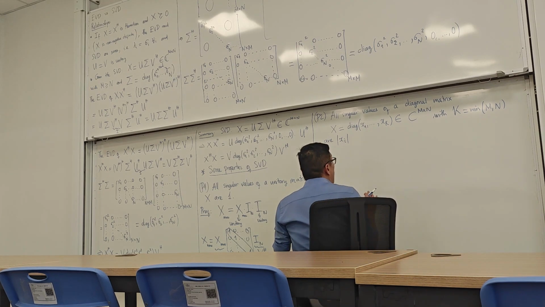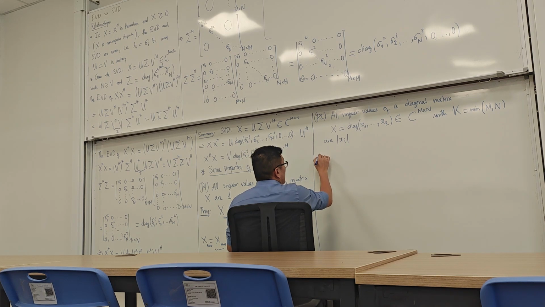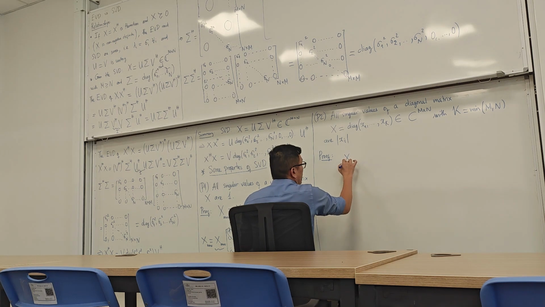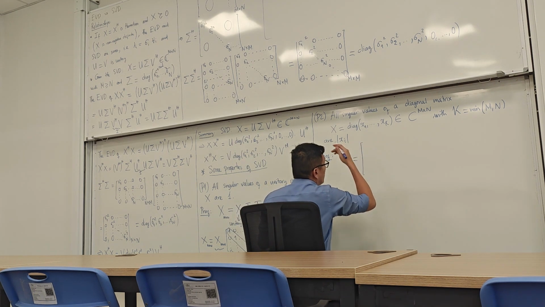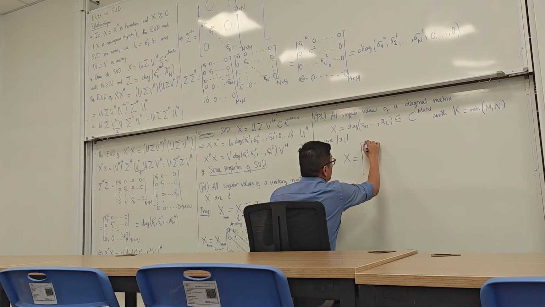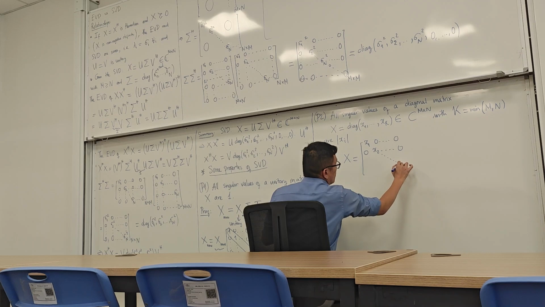It means that if you have a diagonal matrix, everyone, for example, you can imagine your X is the following. This is a diagonal matrix. You have x1, you have 0 here, then 0 here, x2 and so on, and you can imagine this goes down to xk here.